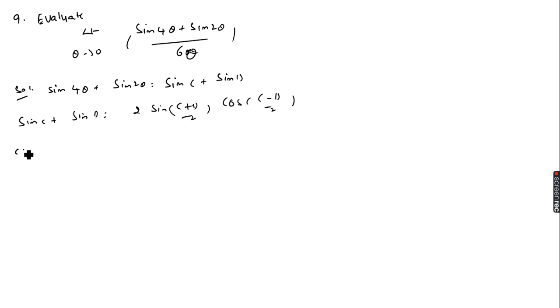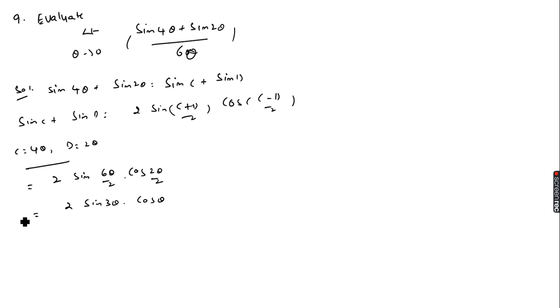Here c value is 4 theta and d value is 2 theta. So we get 2 into sin of 6 theta by 2, cos of 2 theta by 2. So therefore 2 into sin 3 theta into cos theta.